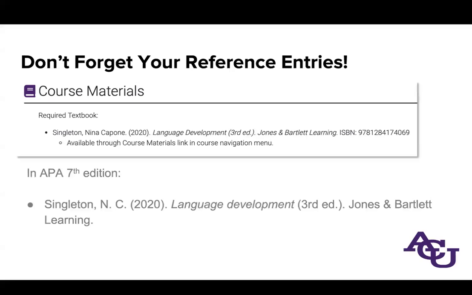We also don't italicize the edition information, the third ed. part, in APA style, which helps us see that that's not part of the title itself. Then we have the name of the publisher, Jones and Bartlett Learning, also not italicized. And APA 7th edition doesn't include an ISBN number in your references list.